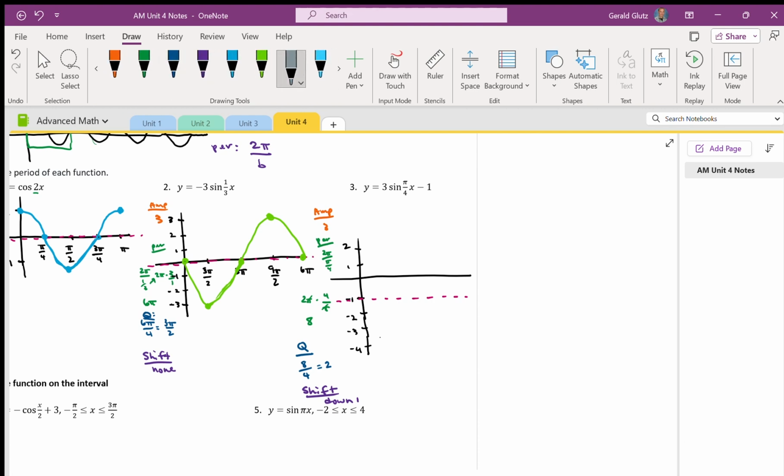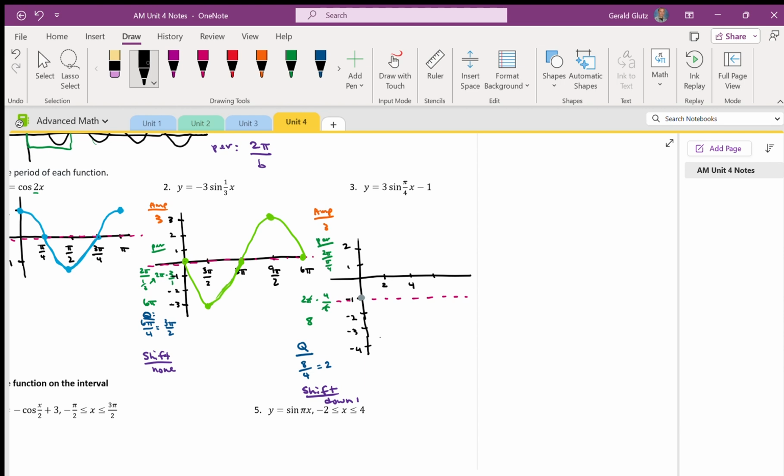And then if I was graphing the graph of sine, I usually start at 0, 0, but because it's shifted down 1, I'm going to start there at 0, -1. Now I'm going to move up. Our amplitude's 3, so I'm going up 3. But before I do that, I need to make our horizontal, our x-axis. Whoops.